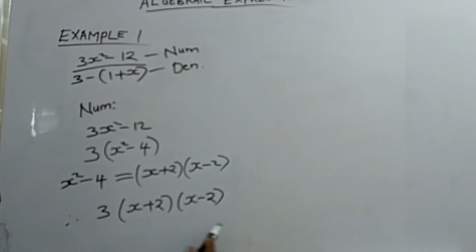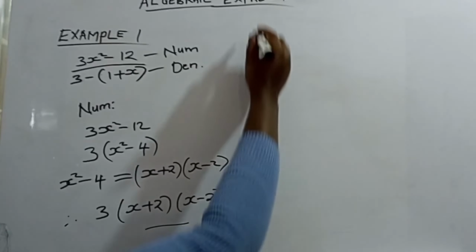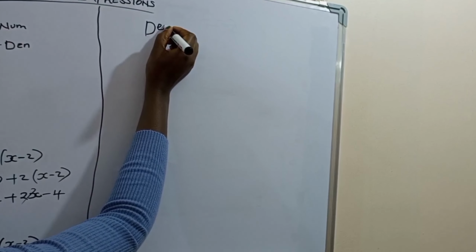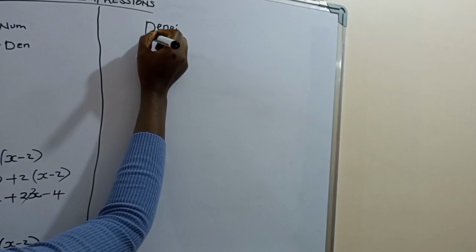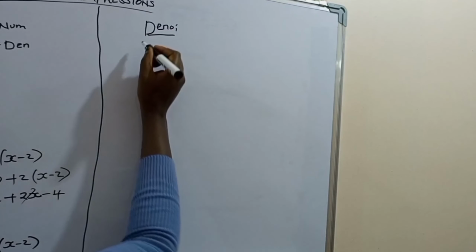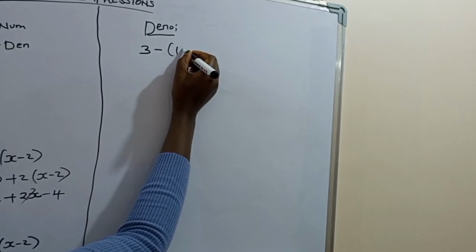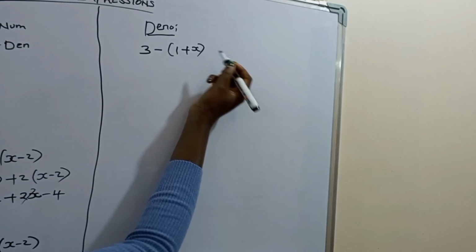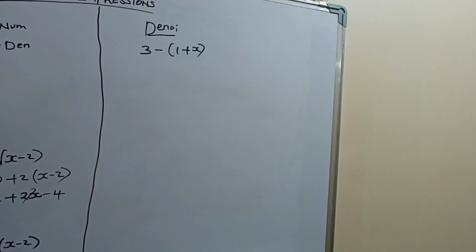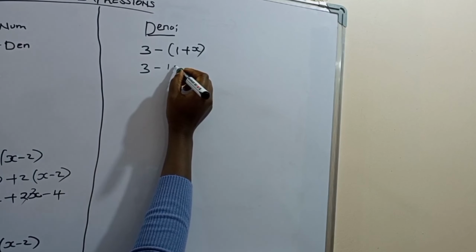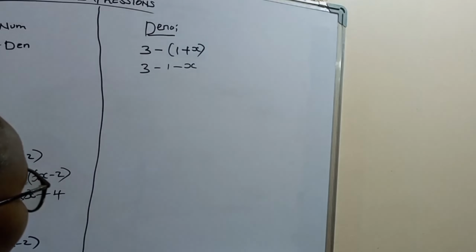So this is our numerator. Next we move to the denominator. So we have 3 minus 1 plus x. Opening the brackets, we get 3 minus 1 minus x.